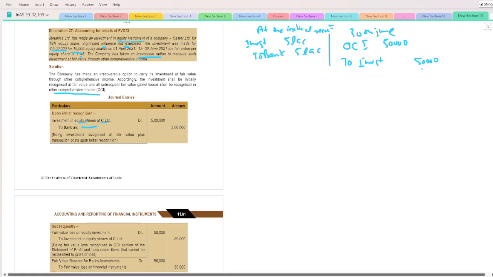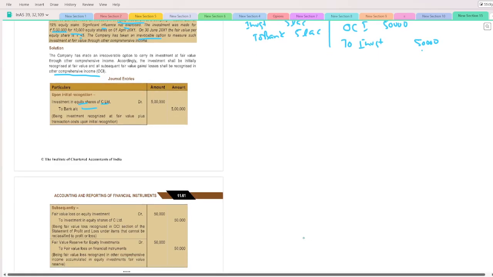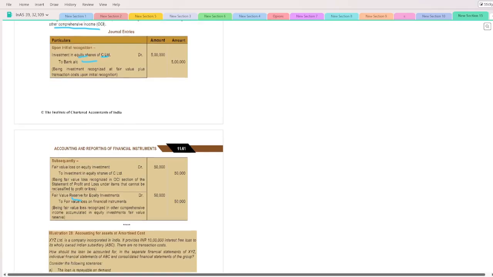Then next one, fair value loss on the equity instrument 50,000 to investment. Your investment you're reducing, and then the fair value loss you're transferring to the OCI, the fair value reserve. These two entries you can combine and call it OCI also. It is not making any difference here. So this is a booking of the loss of 50,000.